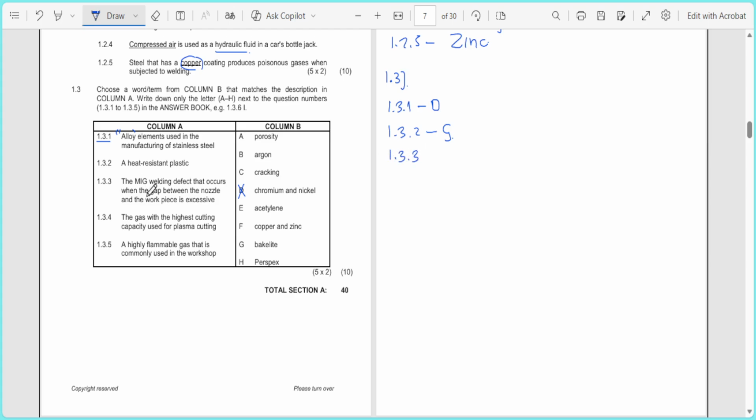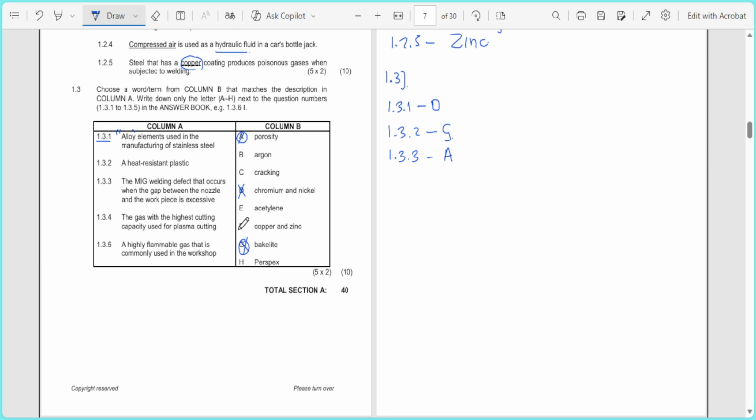1.3.3, the MIG welding defect that occurs when the gap between the nozzle and the workpiece is excessive. The answer should be A, porosity. G is also out.